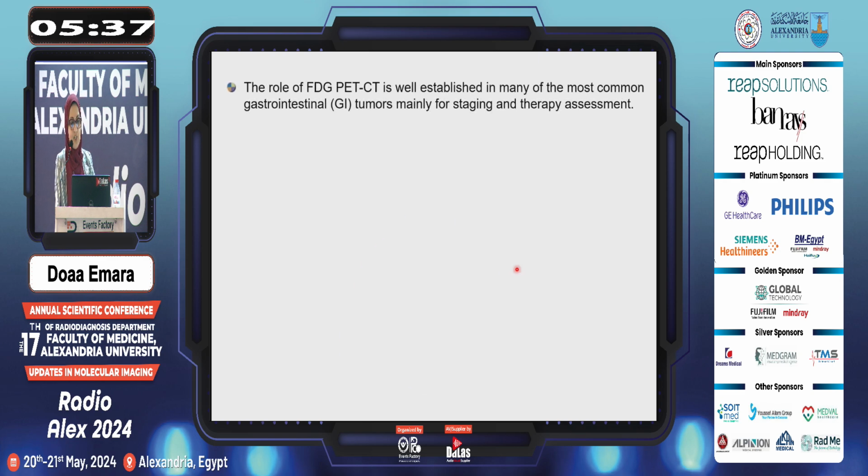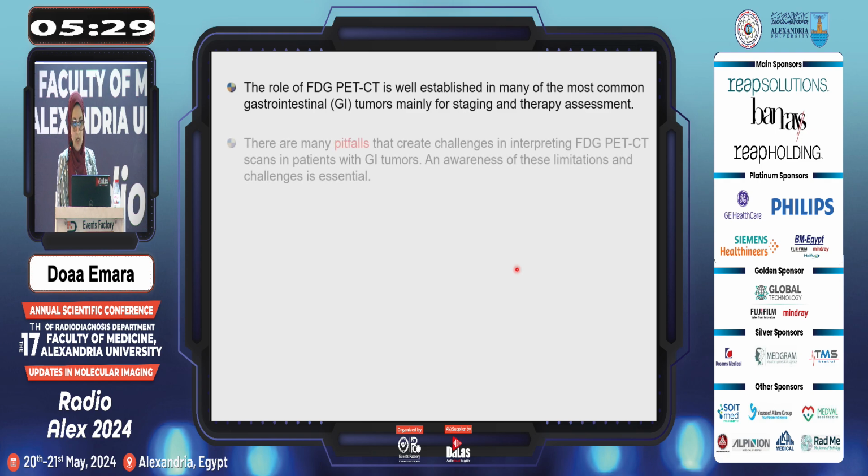And in conclusion, the role of FDG PET-CT is well established in many of the most common gastrointestinal tumors, mainly for staging and therapy assessment. There are many pitfalls that create challenges in interpreting PET-CT scans in patients with GI tumors. Awareness of these limitations and challenges is essential.